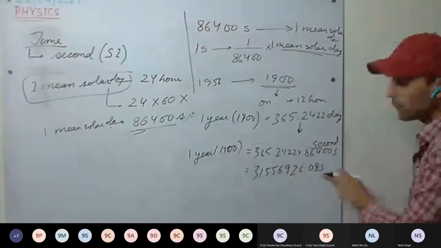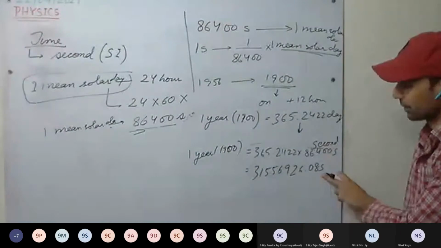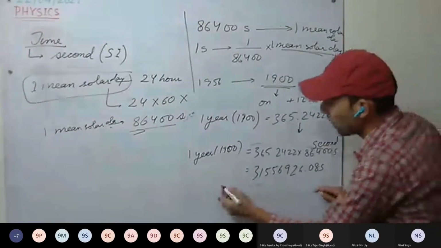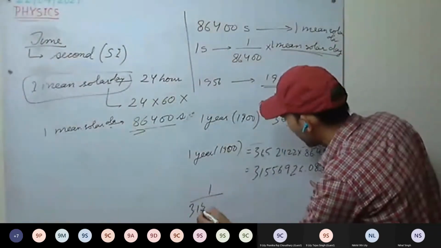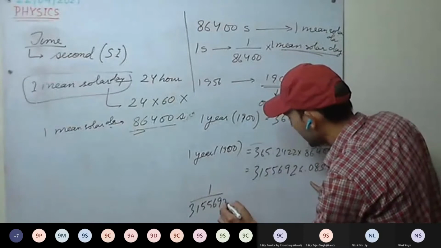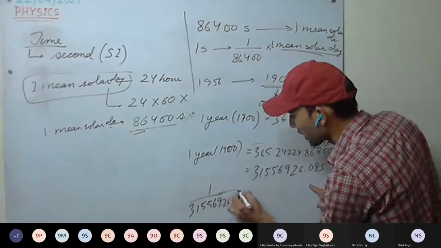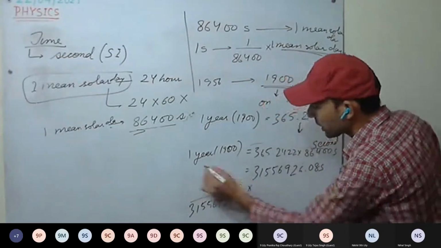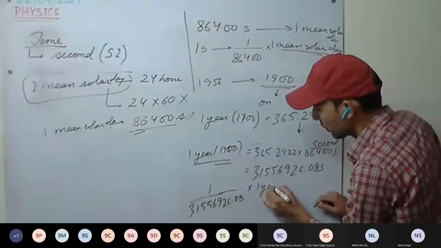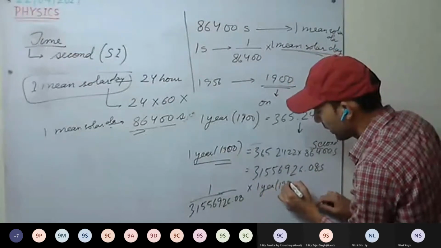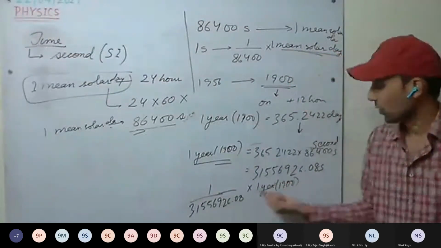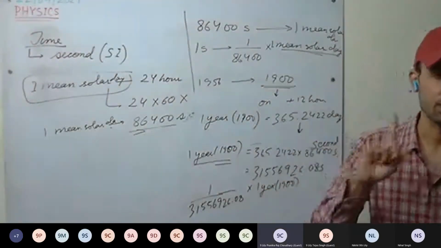So 1 year, these many seconds we have taken. So 1/31556926.08 part of the year 1900 will give us 1 second.